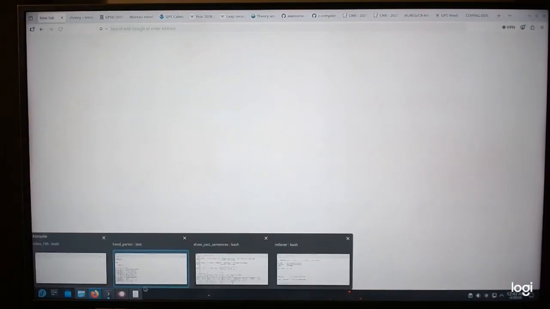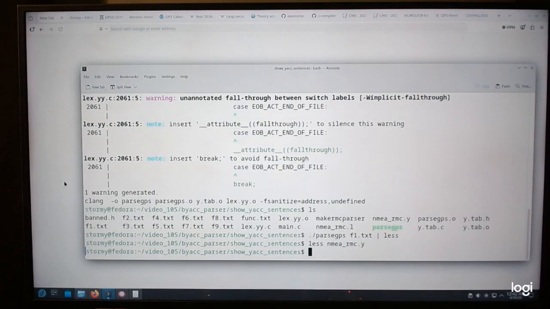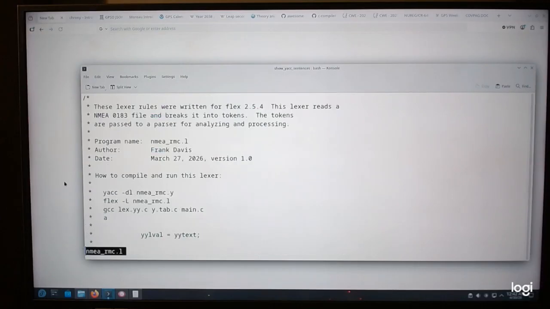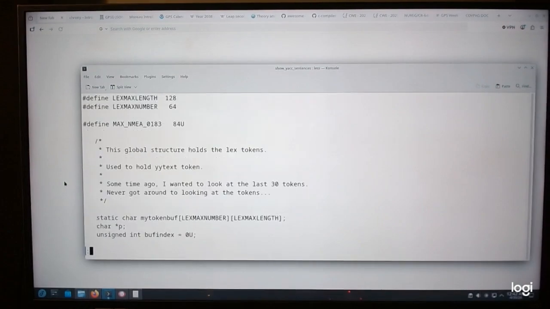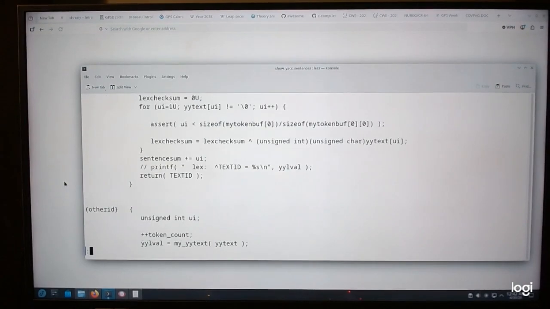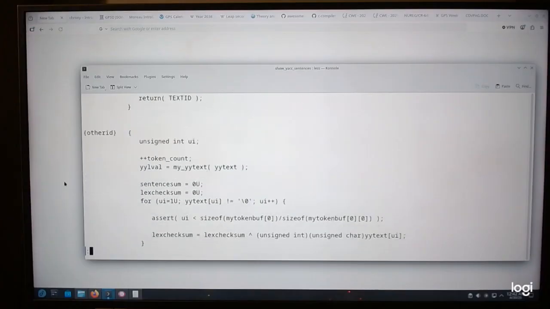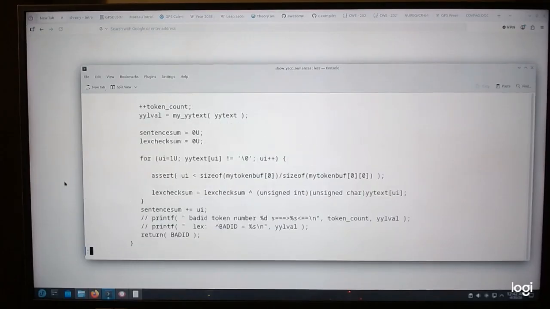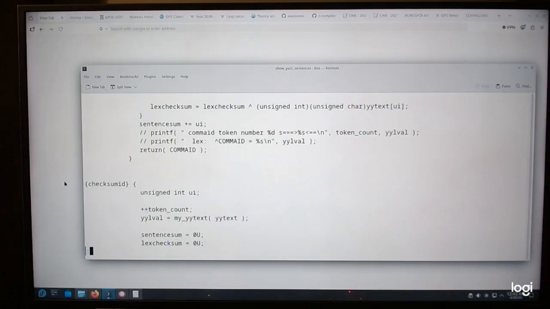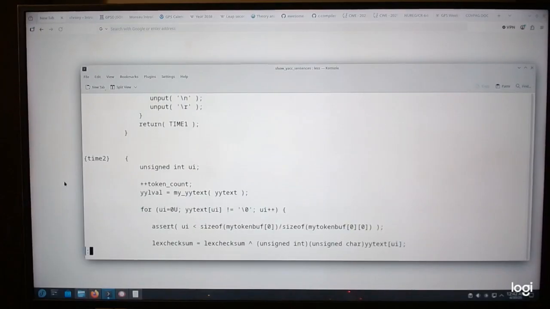Let me show you what I'm talking about right here, my lecture, these rules, the floats, integers, or time.